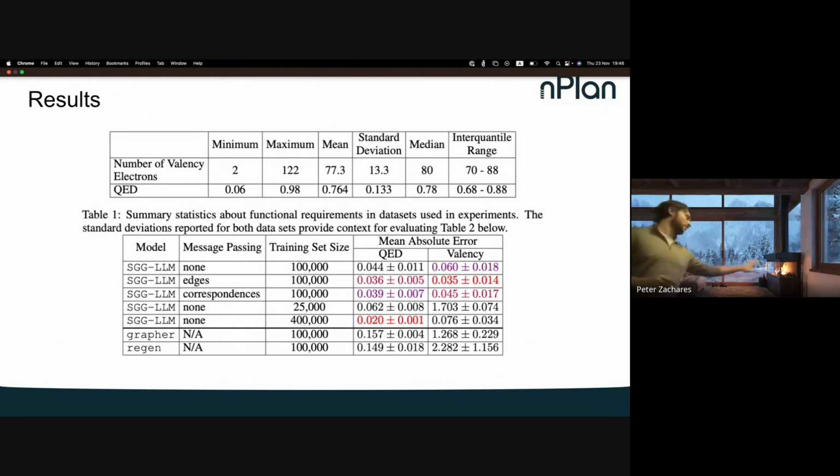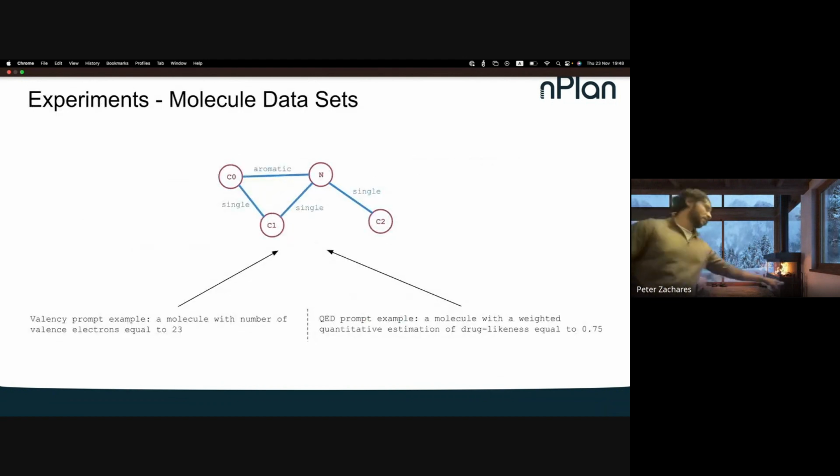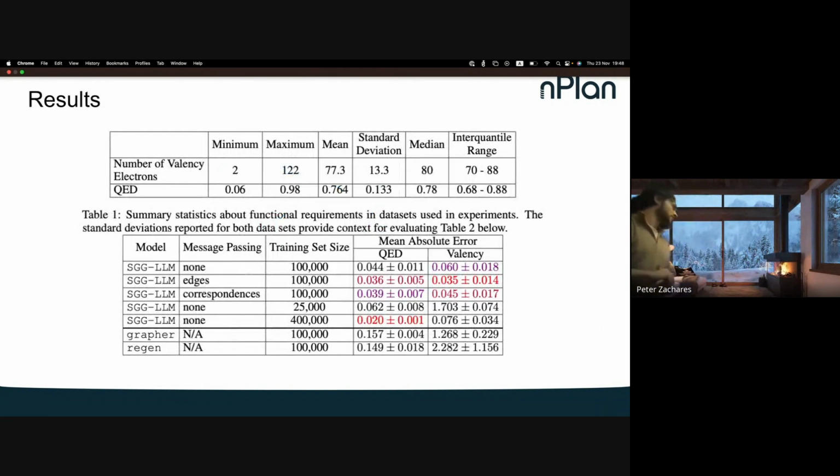And you can see the performance of the model in terms of mean absolute error. That would be the difference between the requested functional property and the one that you actually got. For example, for quantitative estimated drug likeness, the model with edge message passing has a mean absolute error on average of 0.036.